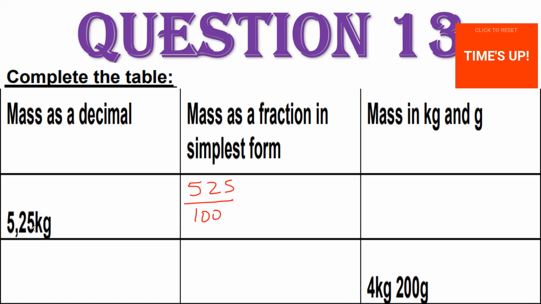So just using these 2 digits after the comma, 20, and then I'm writing 100. If you have 5.253 or another number, you're going to write 1,000. So how can I simplify this one?